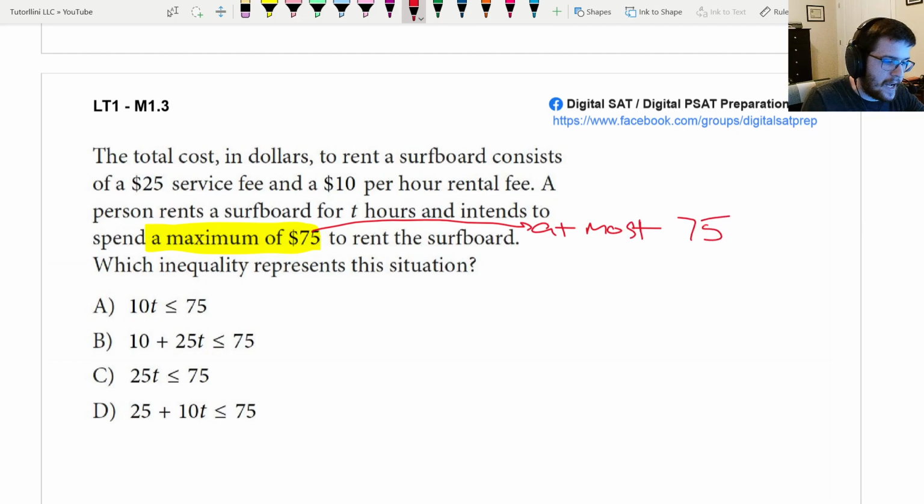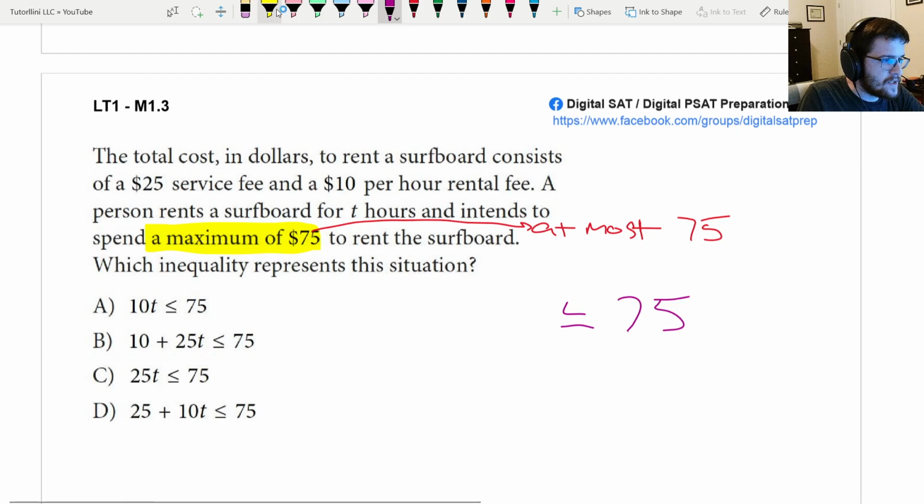A maximum of or at most, those are both synonymous with less than or equal to. Now, unfortunately, as you can see, they all have less than or equal to 75. So that doesn't really help us narrow it down, but it's still important to understand those keywords and which keywords go with which inequality symbol.